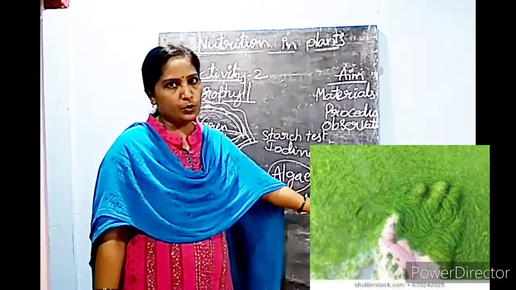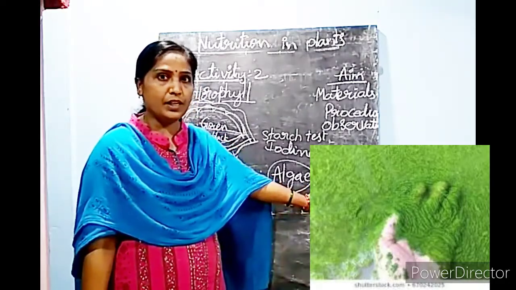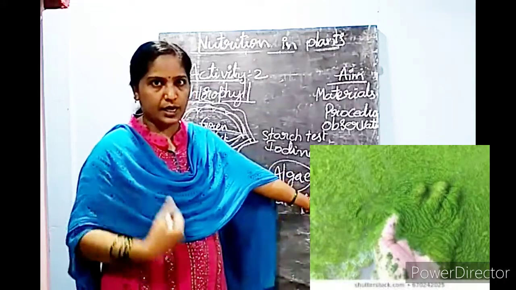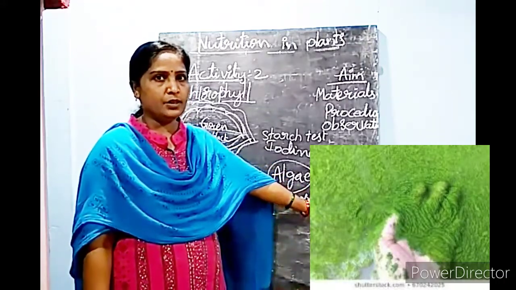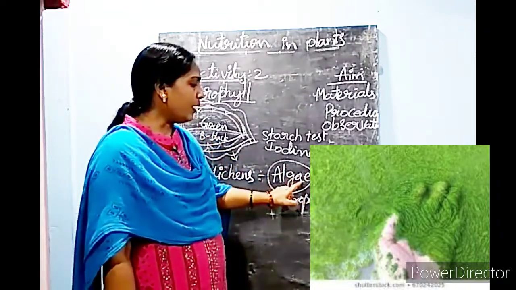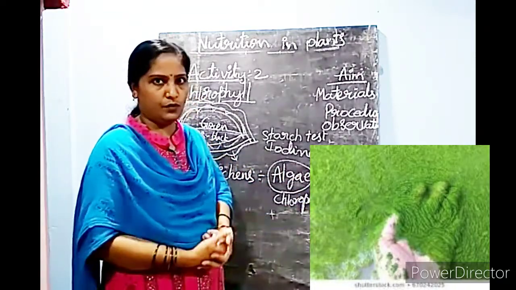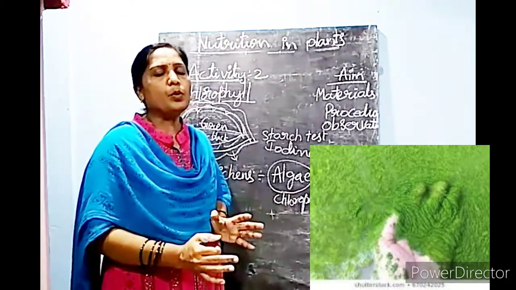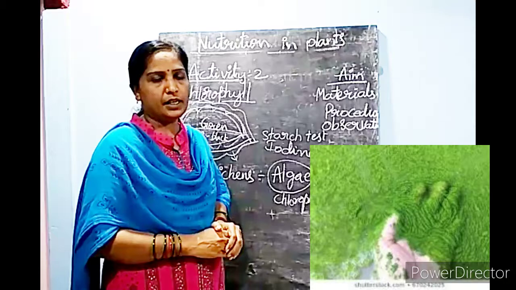Fungi can't make their own food. You learnt in saprophytes, they depend on organic matter to gain their nutrients. So algae have chlorophyll, so they can make their own food. In algae, the stem, roots, all these parts are not there.